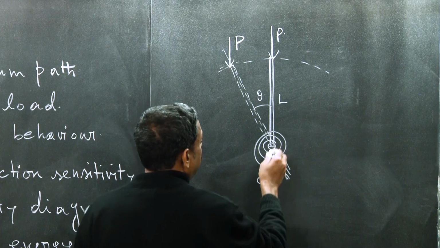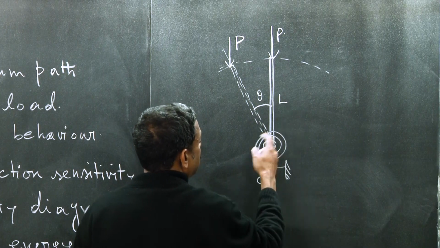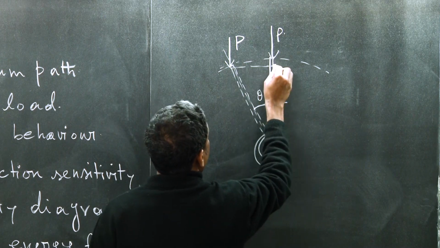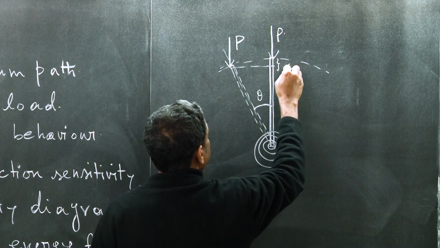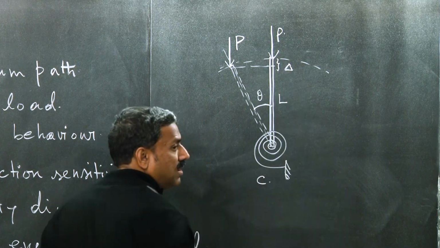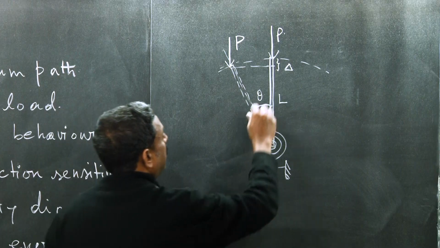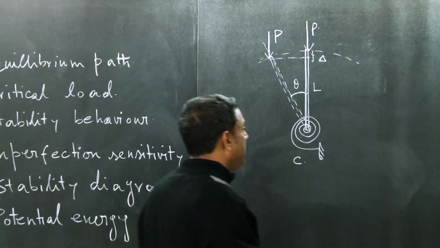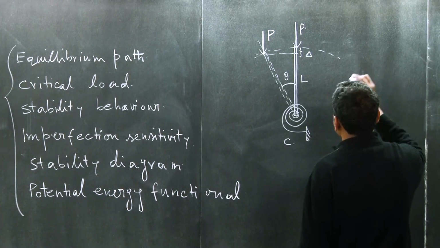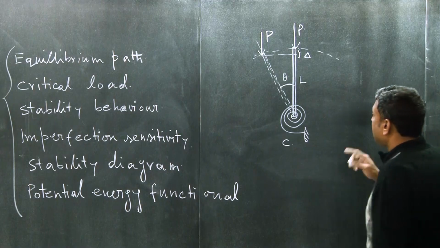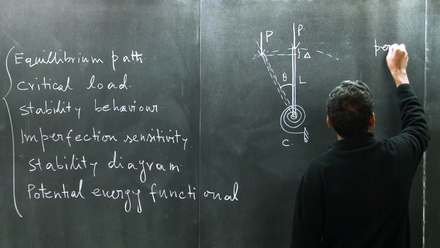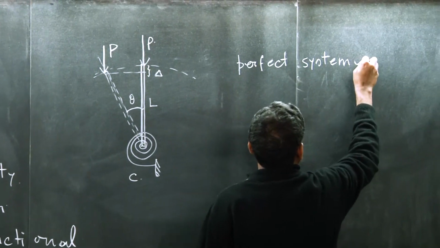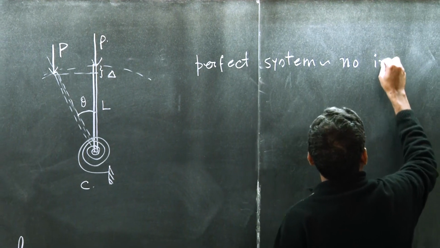So what is going to happen? If the rotation is theta, a resisting moment develops, and the load is going to do some work. What is that work? The load does work through the displacement delta by deforming this. First we will assume it is a perfect system, with no geometric imperfection.